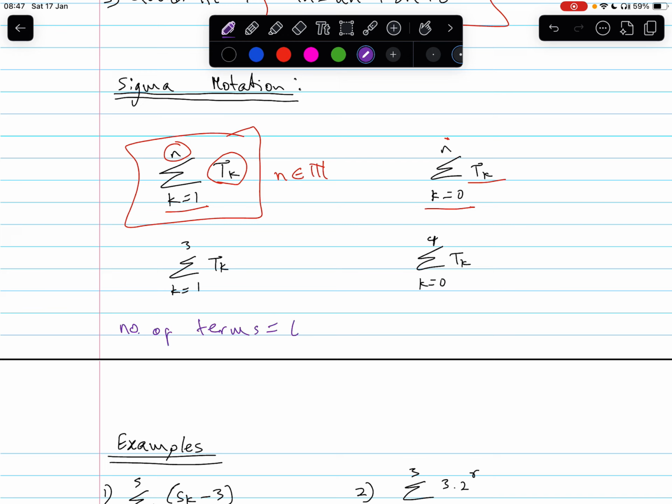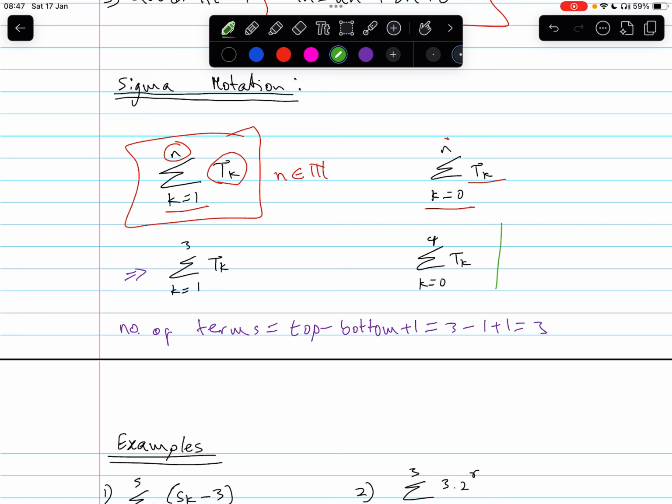We determine it by taking the top value minus the bottom value and then adding 1. Using this one, top minus bottom plus 1 means we're adding 3 times.